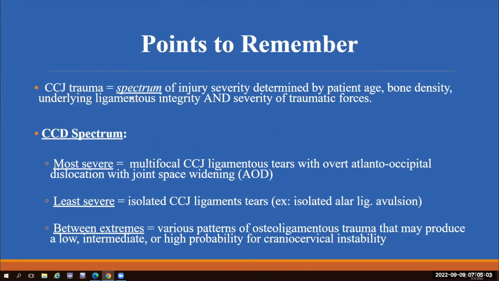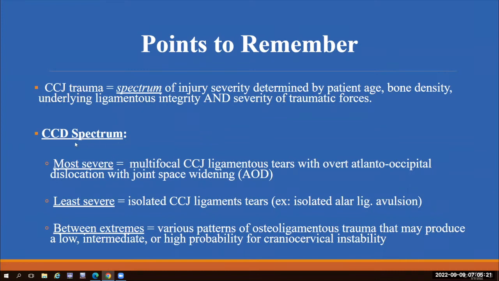A few quick points to remember: trauma at the craniocervical junction is a spectrum of injury severity, determined by the patient's age, their bone density, their underlying ligamentous integrity, and of course the severity of the traumatic forces applied to the craniocervical junction.